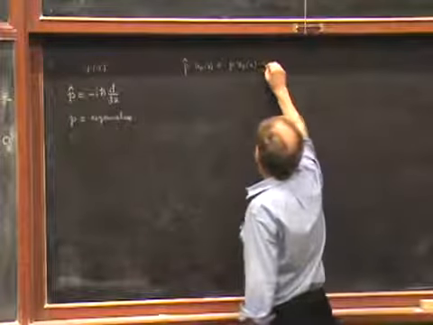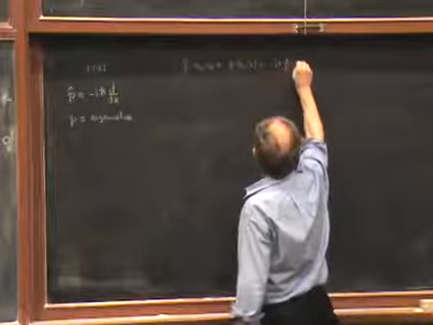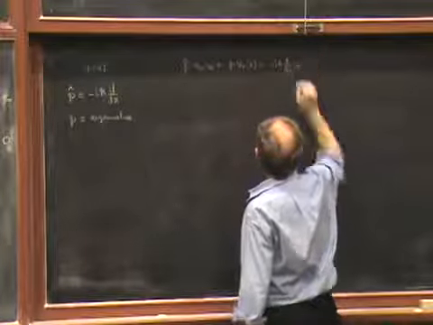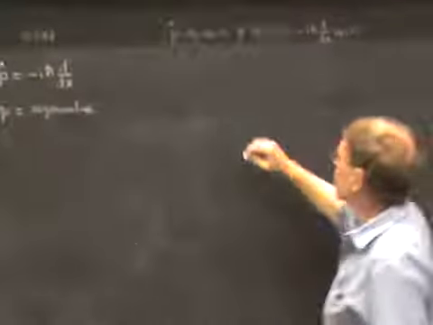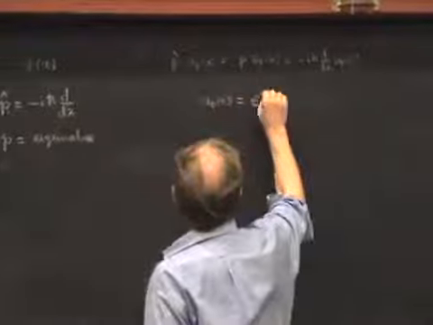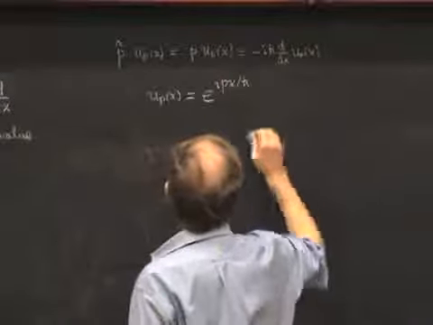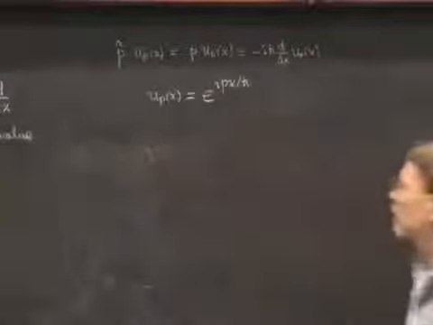However, since the momentum operator is minus i h bar d/dx, this becomes a simple differential equation. And when we solve it, we find that u_p(x) is equal to e^(ipx/h bar). And that's it. Okay, so within a multiplicative constant, that's the eigenfunction.